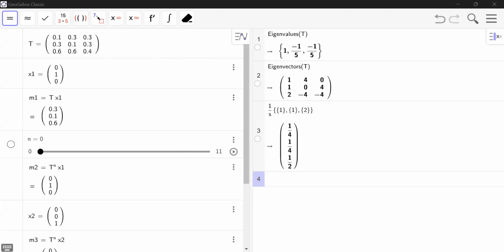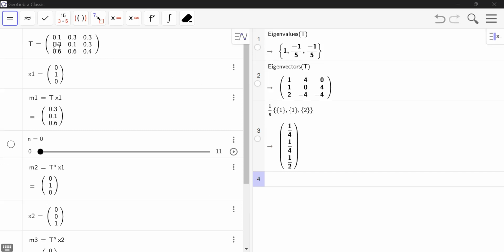It says that the transition matrix of the Markov chain with lambda equal to 1 is an eigenvalue of T. If x is the eigenvector corresponding to lambda equals 1 with non-negative components, then 1 over s times the eigenvector x is an equilibrium vector.